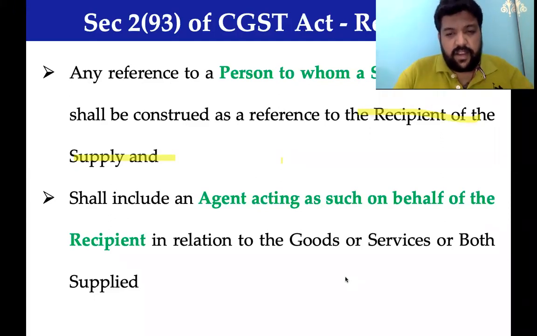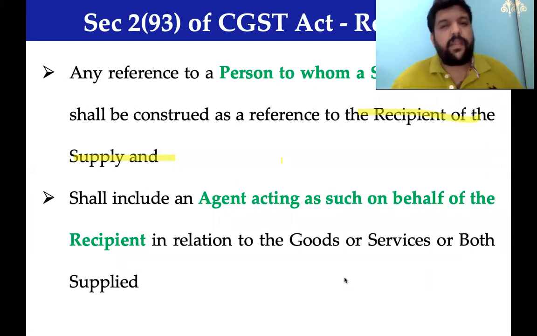In this transaction, who is the supplier and who is the recipient? In this transaction, which is just on your chat box, S Limited has supplied goods to R Limited. R Limited has received the goods, and R Limited has also paid the consideration.